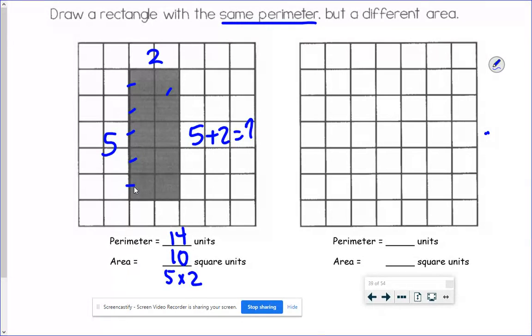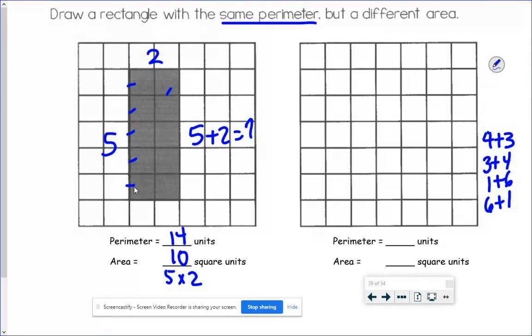We could do 4 plus 3. 2 plus 5 would give us that same rectangle just turned on its side. So we want to get 2 other side lengths. It could be 4 plus 3 or 3 plus 4, 1 plus 6 or 6 plus 1. That's about all that we could do.